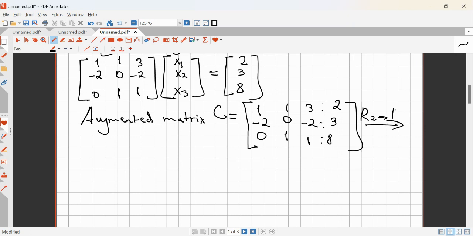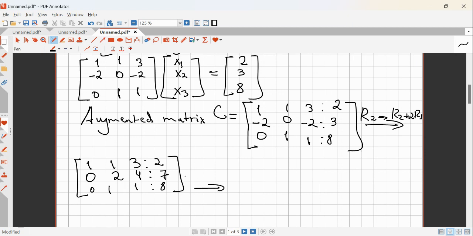R2 becomes R2 plus 2 R1. So it's going to be 1, 1, 3, 2. Minus 2 plus 2 is 0, 1 plus 2 is 2, minus 2 plus 6 is 4, 3 plus 4 is 7; then 0, 1, 1, 8.